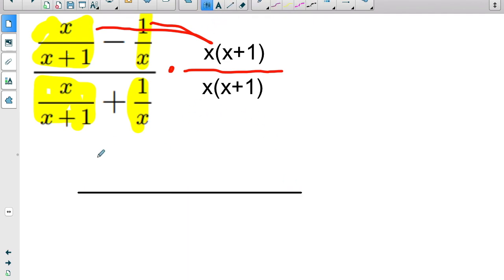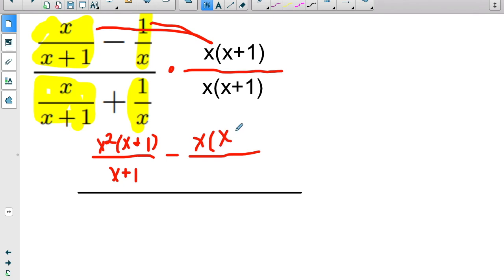Now on top, our x times x would give us x squared times x plus 1 over our x plus 1, minus. Here we're going to do x times x plus 1 times 1, which would be x times x plus 1 over x. We'll do the same thing with the denominator.